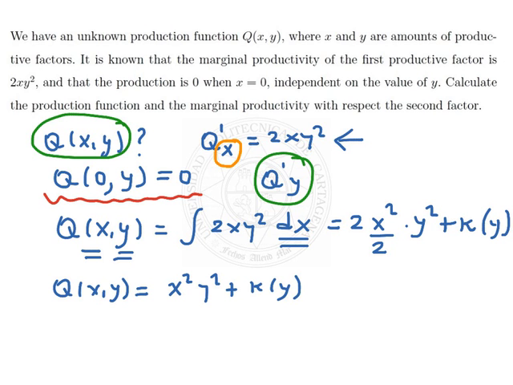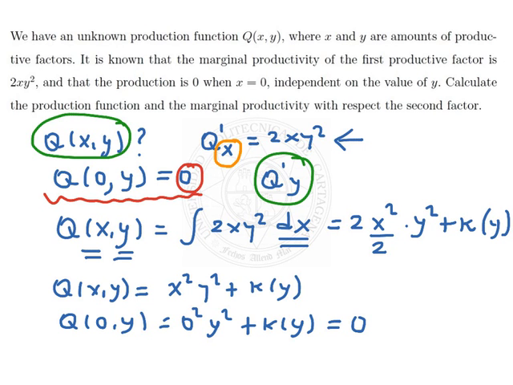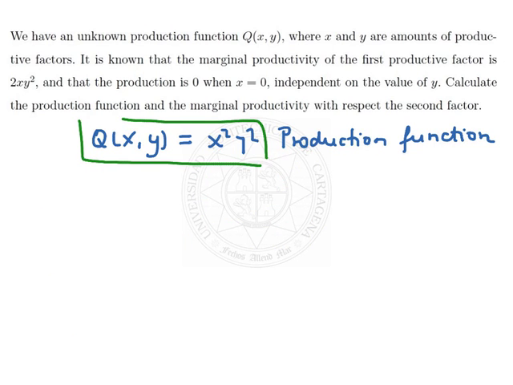So Q of 0,y is 0 squared y squared plus k of y. And we know that this result is 0. So we can conclude that this constant term is 0. So finally, the production function is Q of x,y equals x squared times y squared.